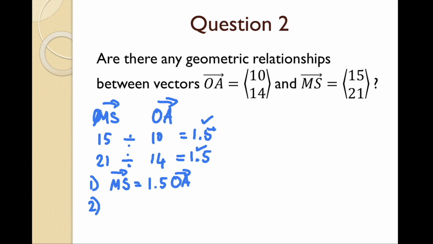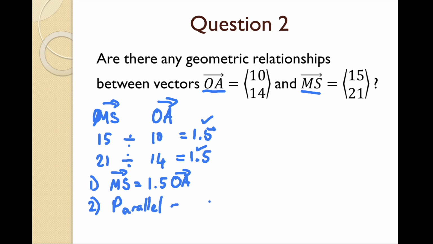Based off of this. So if they are scalar multiples, they could either be parallel or collinear. Now the question, what would make them collinear? Right, so if they share a common point. Do these share a common point? So they are what? Parallel.